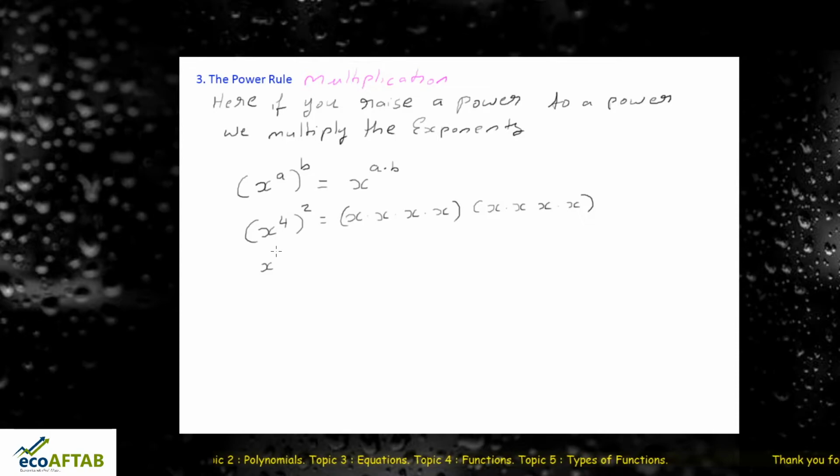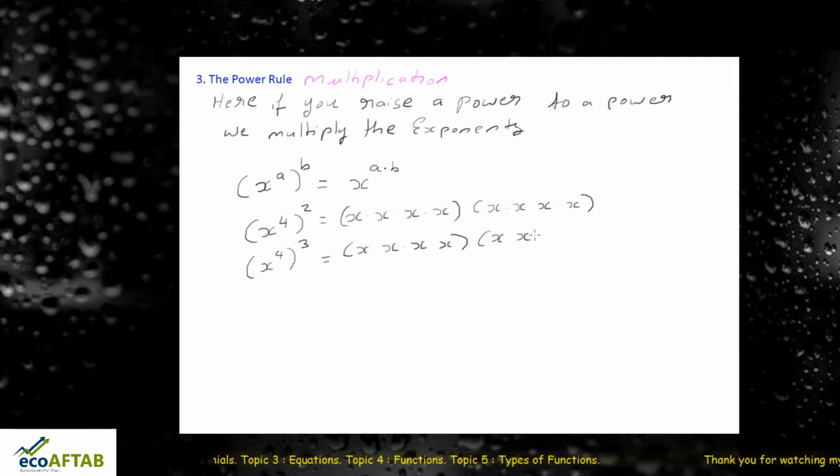If I say x to the power 4 the whole to the power 3, what it means is x into x into x into x multiplied by x into x into x into x multiplied by x into x into x into x. So you can see this is first, this is second, and this is third.